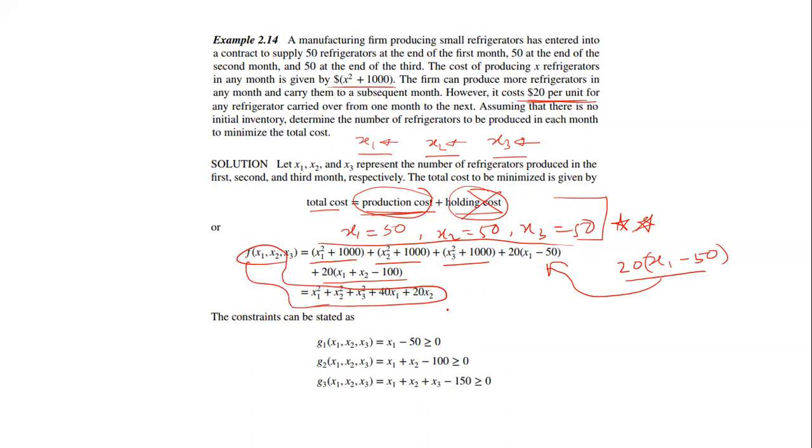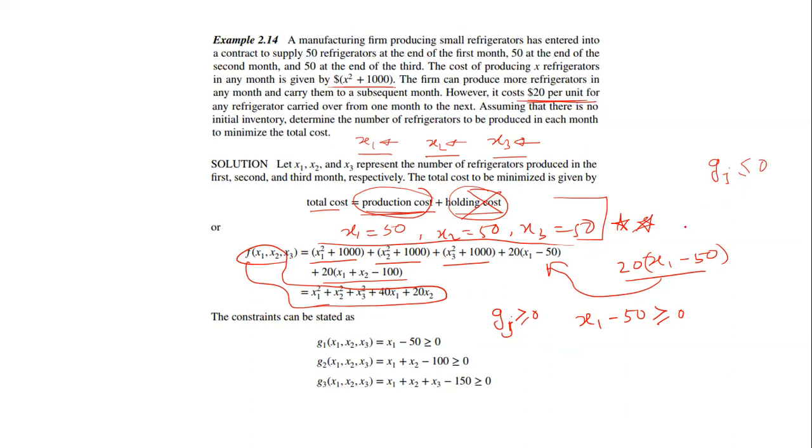Now, how do we find the constraints? Whatever you're producing, after selling, what remains should be greater than or equal to 0. Just be careful here: the constraints g_j, j = 1, 2, 3, are greater than or equal to, but in the problem we defined, we assumed g_j is less than or equal to 0.